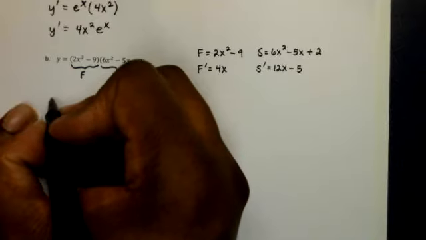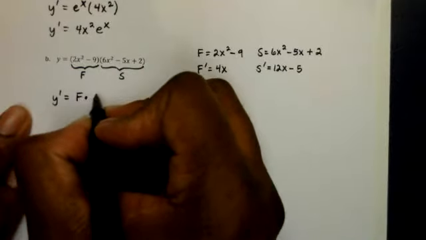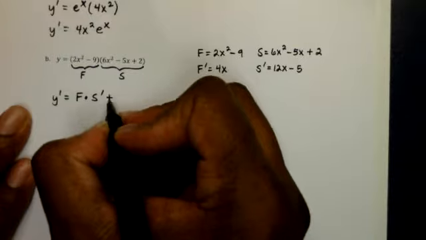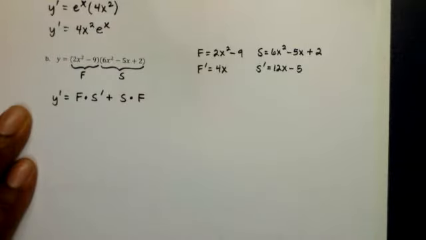Now, using the product rule, y prime is first times derivative of the second plus the second times derivative of the first.